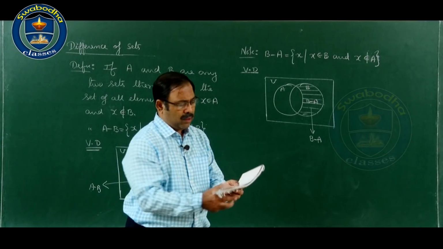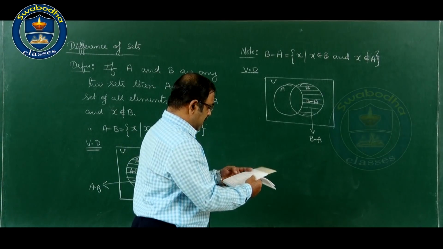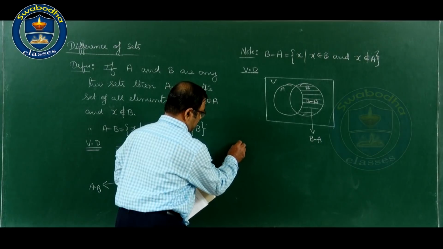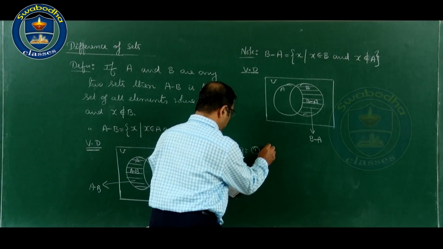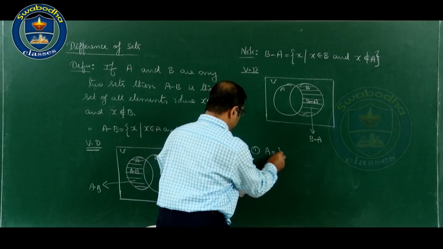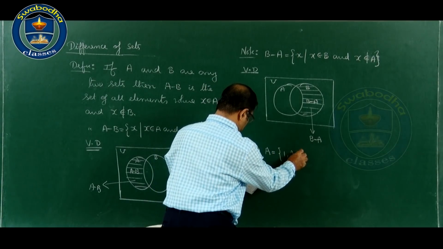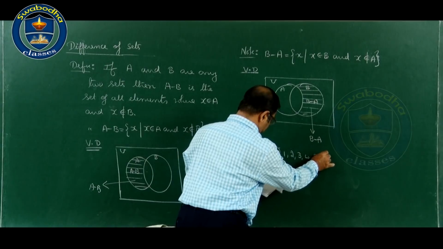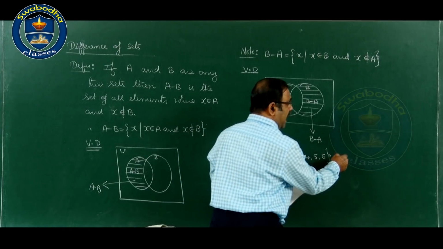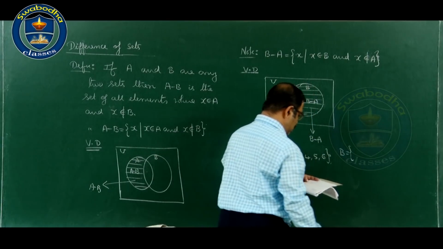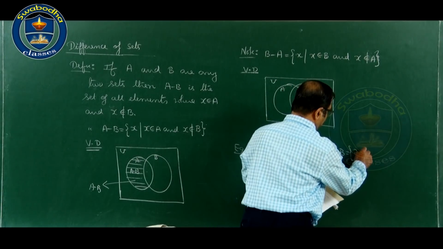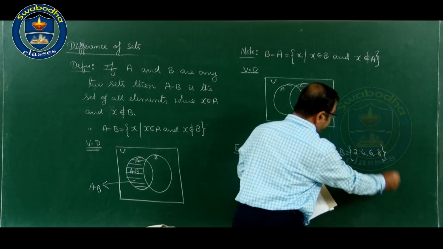Now, let us write an example. Let us take A equal to 1, 2, 3, 4, 5, 6 and B equal to 2, 4, 6, 8.